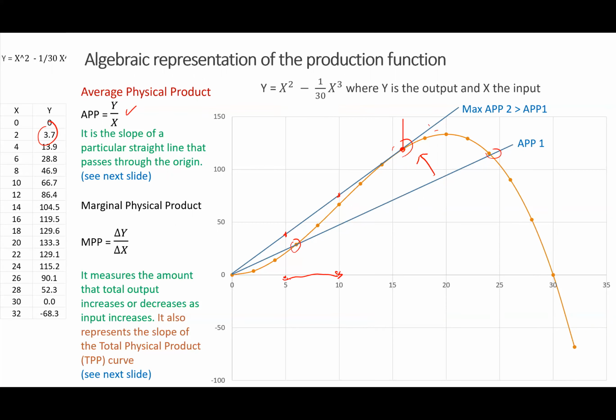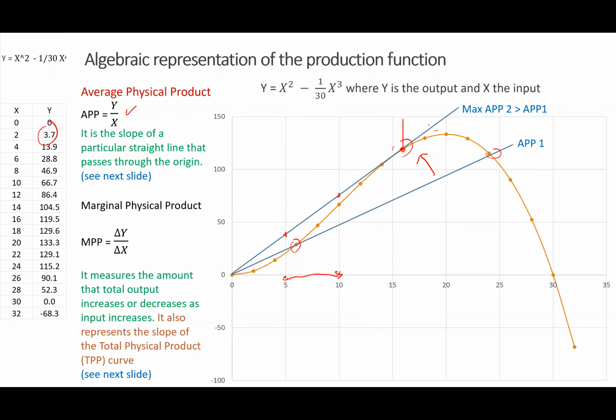We can graph them here. At this point A, average physical product and marginal physical product are the same, so they have the same slope. But those are different slopes of the average physical product at different points.